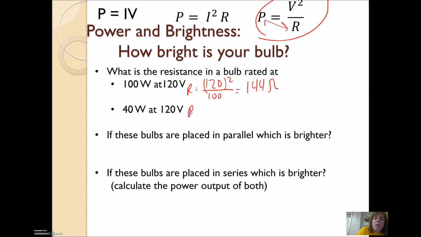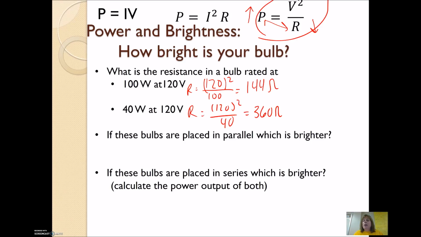If we do that for a 40-watt bulb, again, 120 squared, this time divided by the power of 40 watts, we get 360 ohms. And that makes sense, right? At a higher power output for a constant voltage, you're going to have a smaller resistor. Power and resistance are inversely related for a constant voltage.